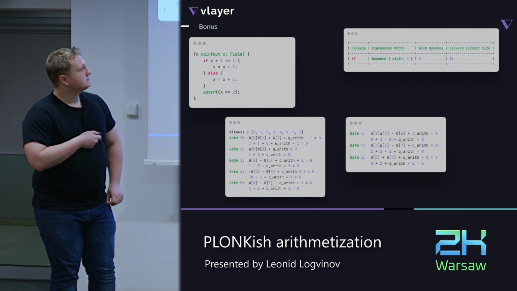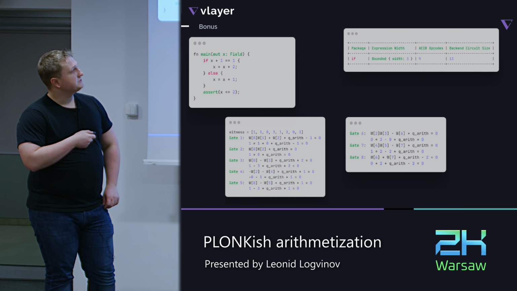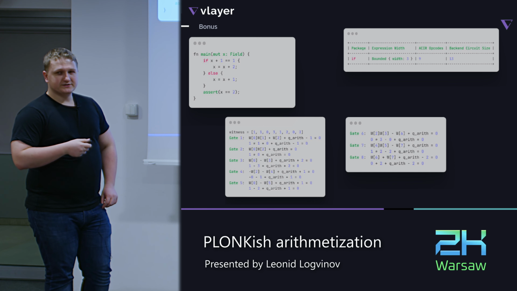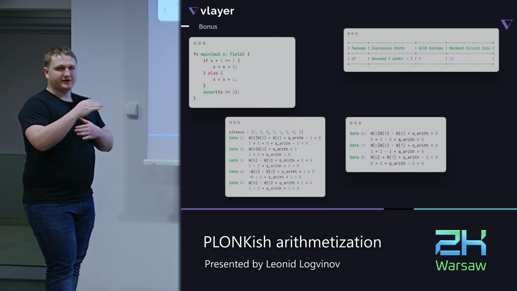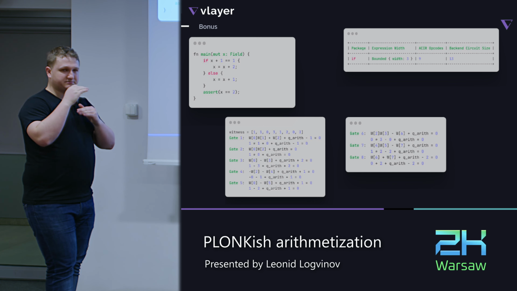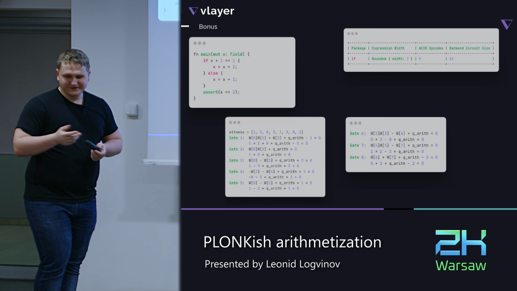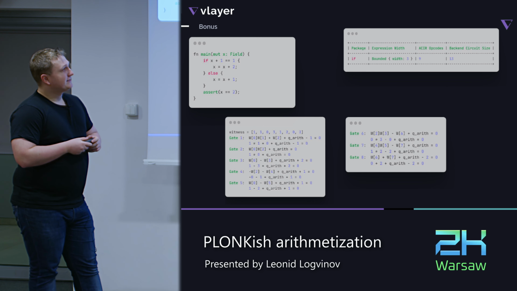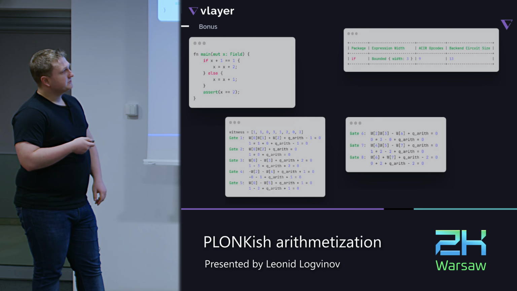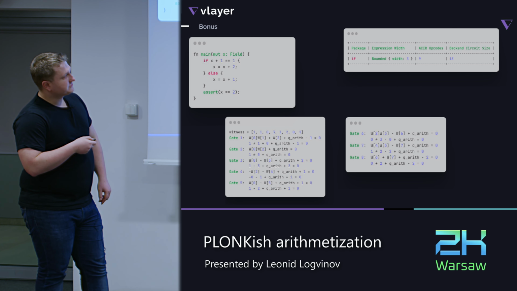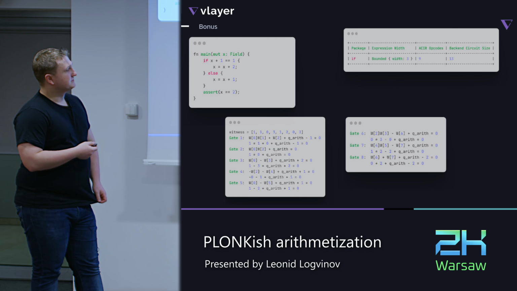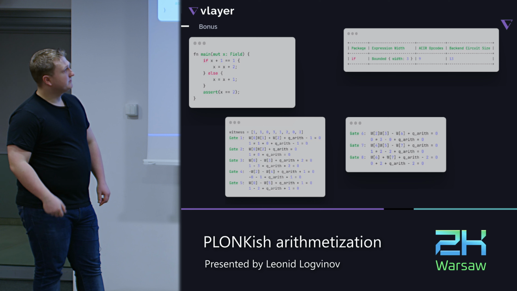ACIR opcodes is arithmetic circuit intermediate representation. Let's think about it like LLVM. It's not processor instructions, but some intermediate representation that later gets compiled to the circuit. And this is the size of the final circuit, the number of multiplications and what actually gets proven.